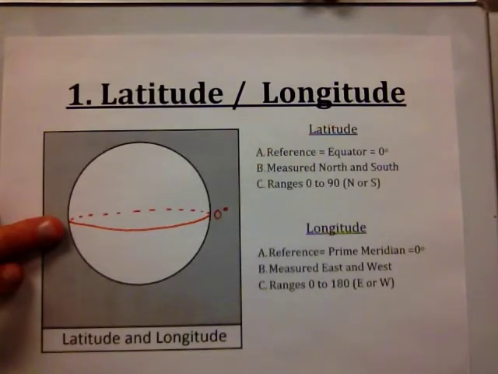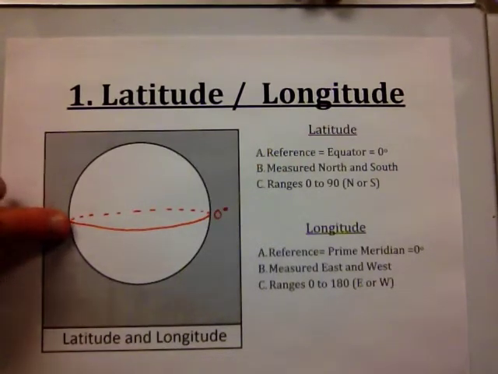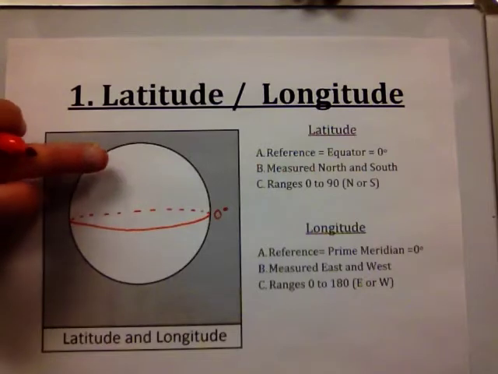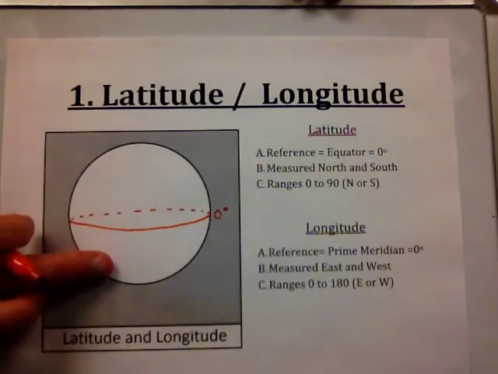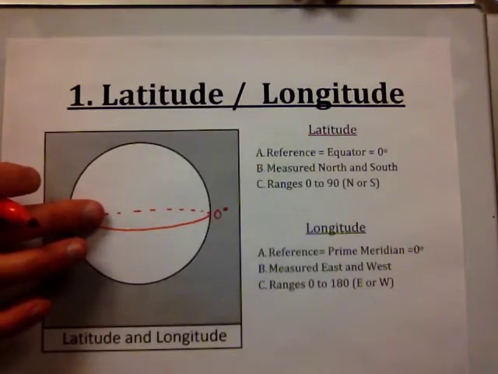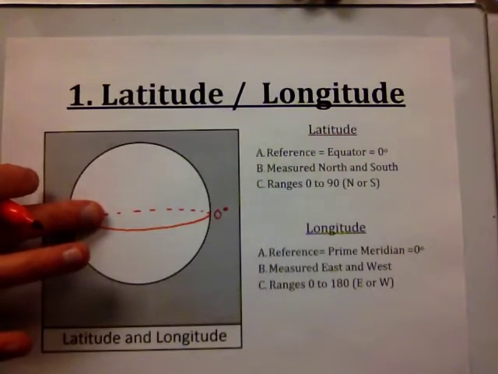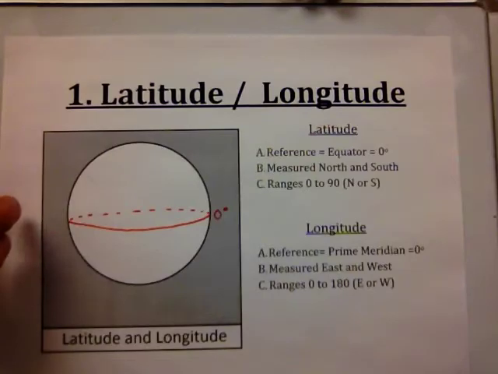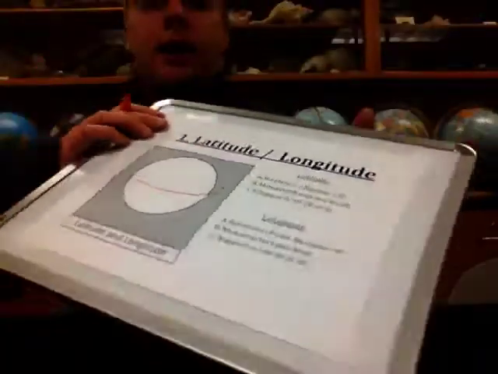Even though it runs east-west, everything in latitude being measured off of the equator is either north or south of it. As you can see on the right, the range of latitude is from 0 degrees at the equator up to 90 degrees at the poles. So 90 degrees north, 90 degrees south.